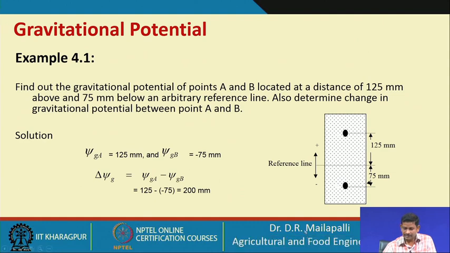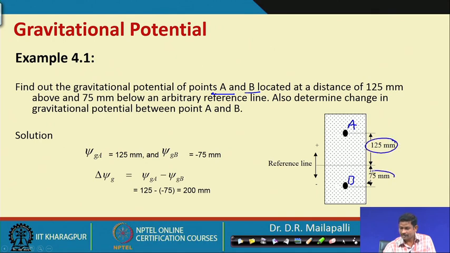Let us say A and B are 2 points located at a distance of 125 mm above and 75 mm below the reference line.